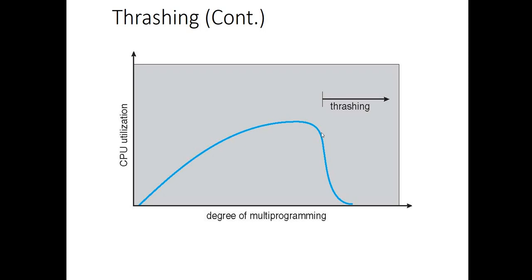Rather, the CPU utilization will come down, because as you increase the number of processes in the main memory, the allocated number of frames per process gets reduced, which leads to more page faults. When a page fault occurs, page replacement needs to be carried out in the physical memory. This consumes time. Therefore, the CPU utilization will be reduced because of increasing the number of processes in the main memory after some threshold limit.